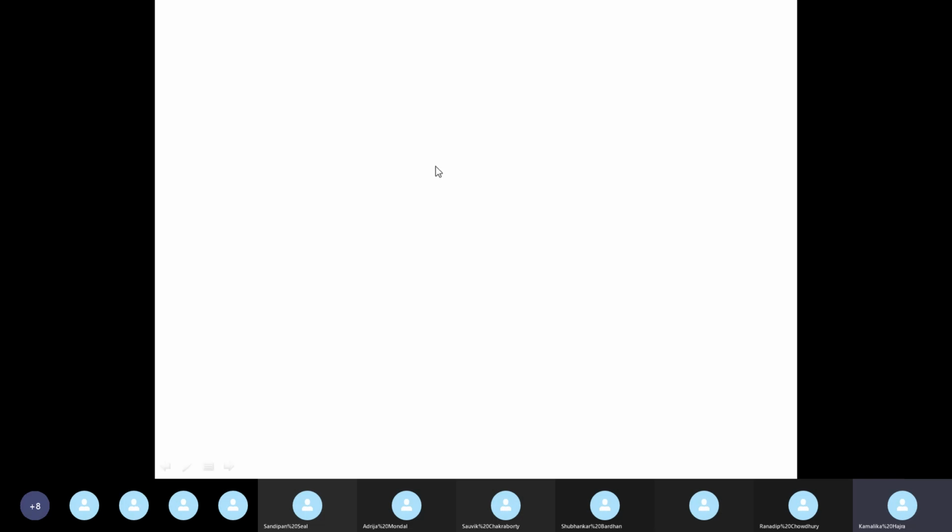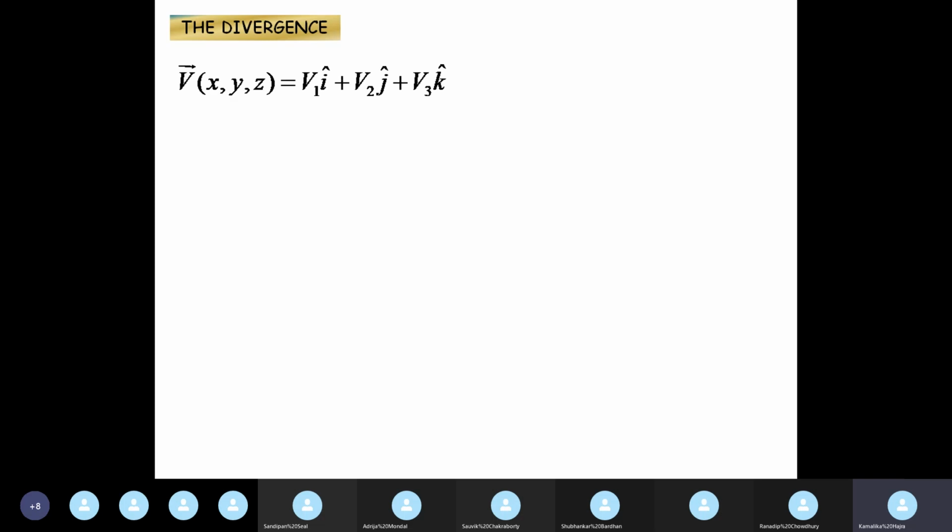Okay. So now we will discuss the divergence. We have more or less covered whatever there is to discuss in gradient, how to do a sum related to the gradient, and next we will move on to the divergence. We already saw what the divergence formula was. Divergence is the action of the grad operator on a vector, and the result is a scalar.